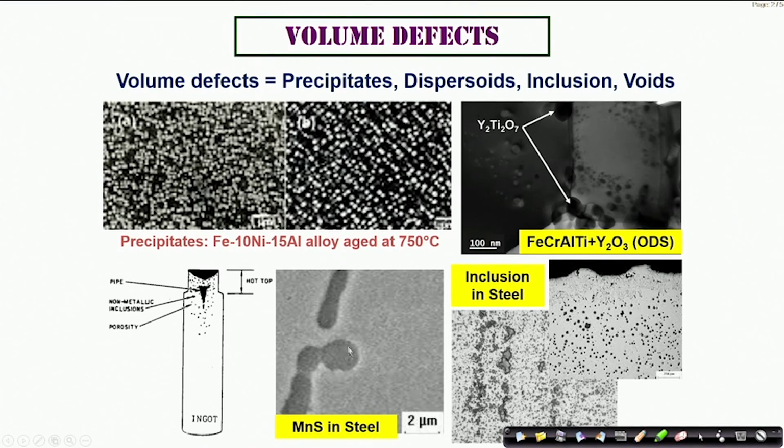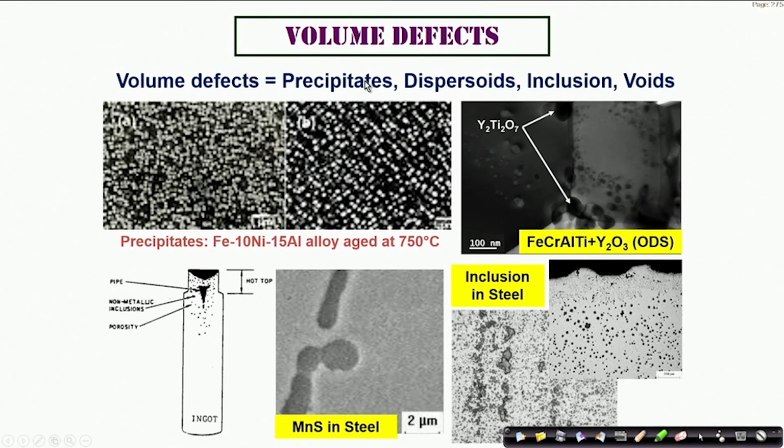But on the other hand, you can have inclusions, for example, manganese sulfide in steel. These inclusions are entities which have x, y, z dimensions, so they are three-dimensional. So these are inclusions, and hence these are undesirable. But in specific situations, we may desire to have certain three-dimensional defects in a crystal, like precipitates or externally added dispersoids.